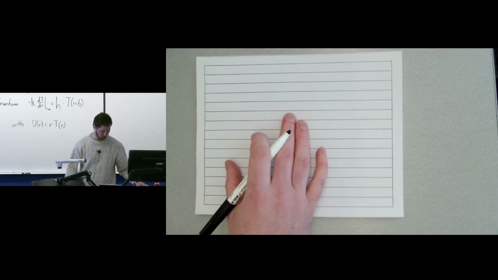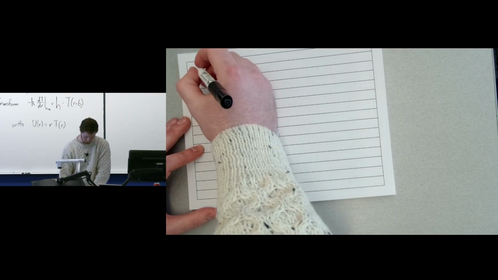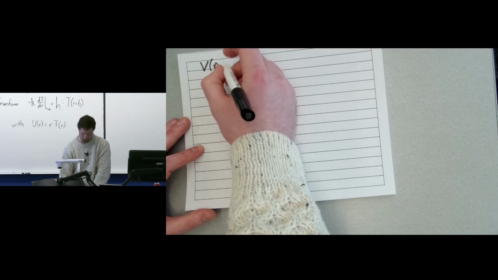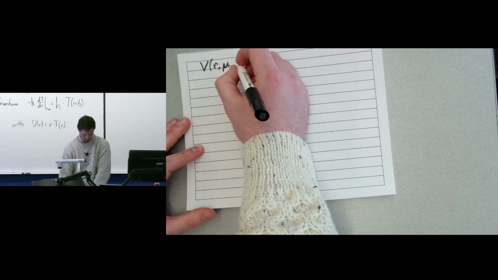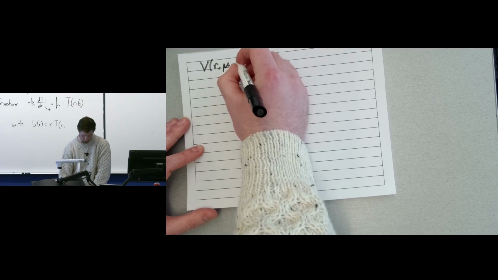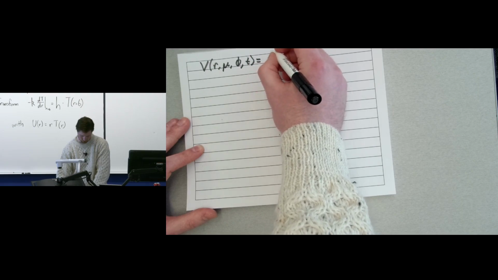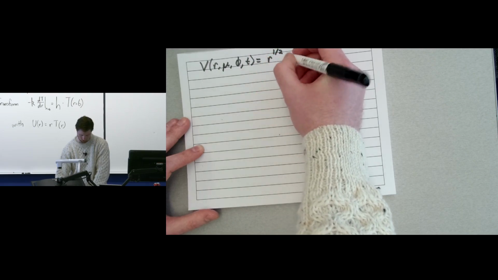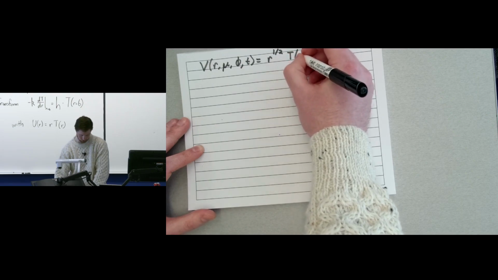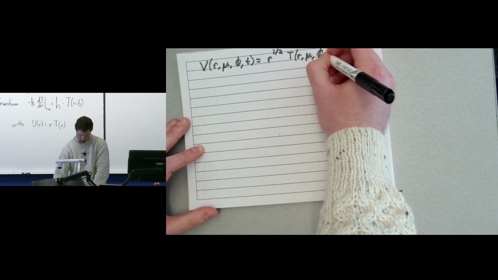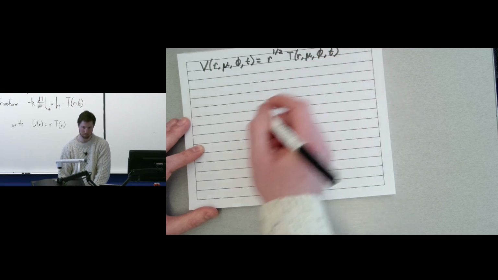The second substitution we're going to make is V of R, mu, phi, and time is equal to the square root of R times T in R, mu, phi, and time.